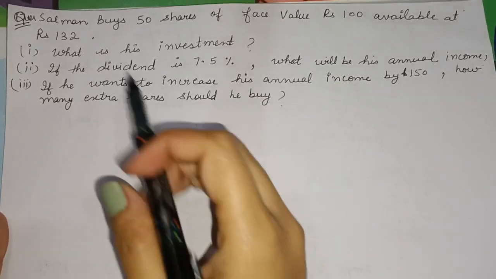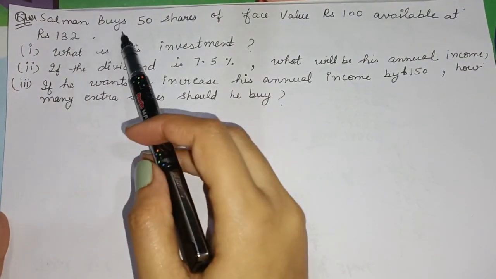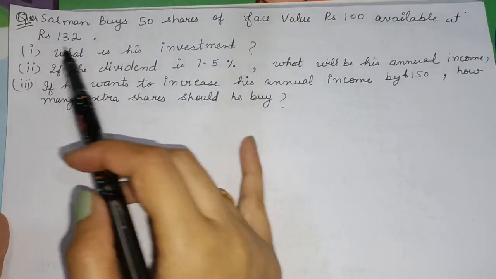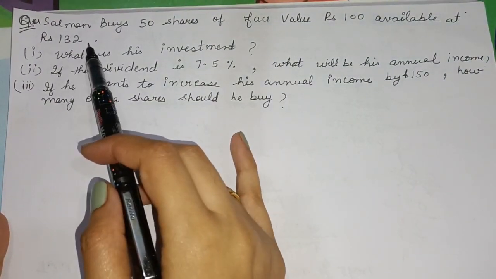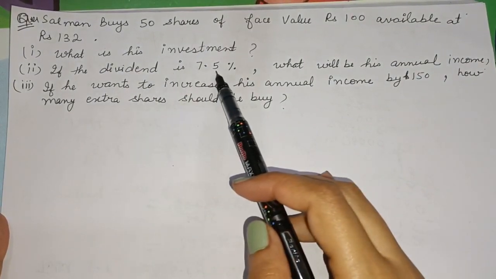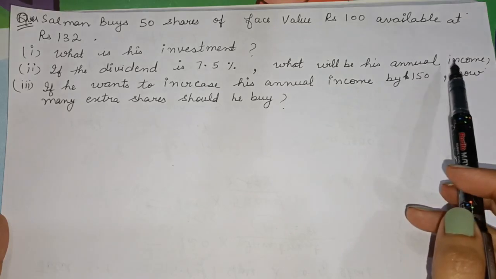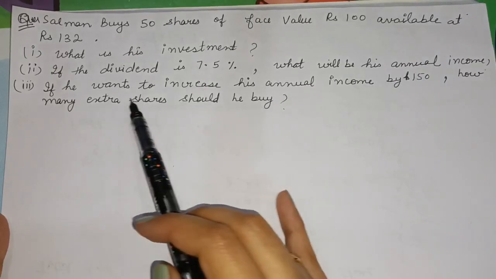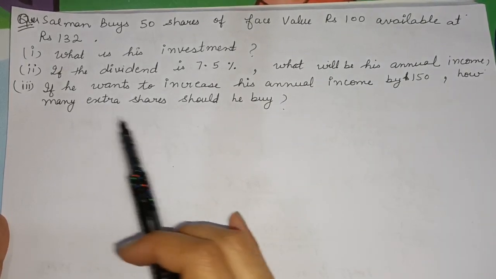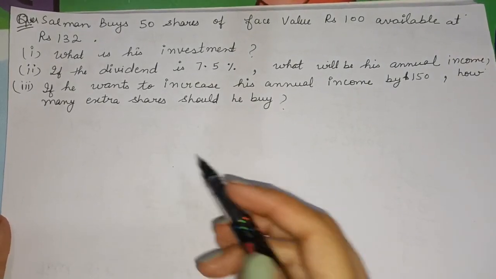The next question is, Salman buys 50 shares of face value rupees 100 available at rupees 132. What is the investment? If the dividend is 7.5%, what will be his annual income? If he wants to increase his annual income by rupees 150, how much extra shares should he buy?